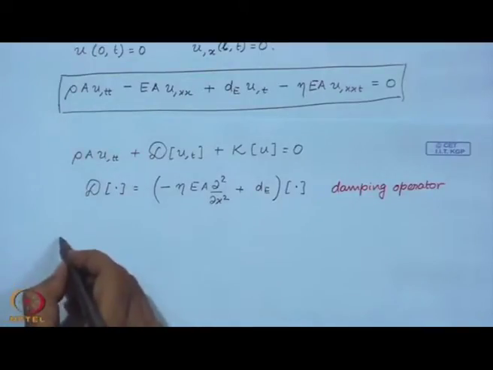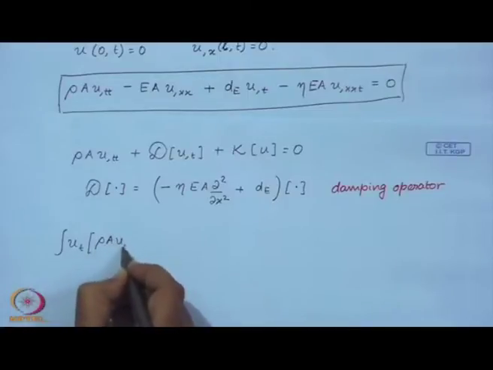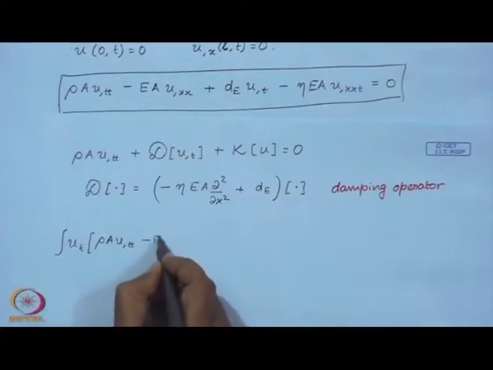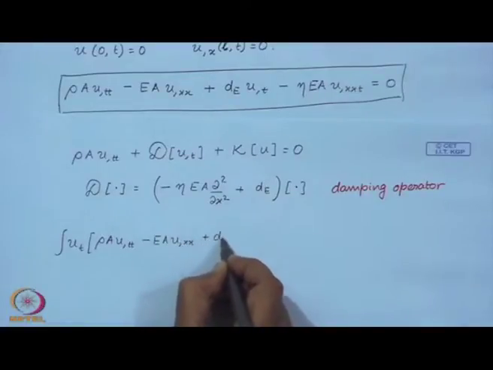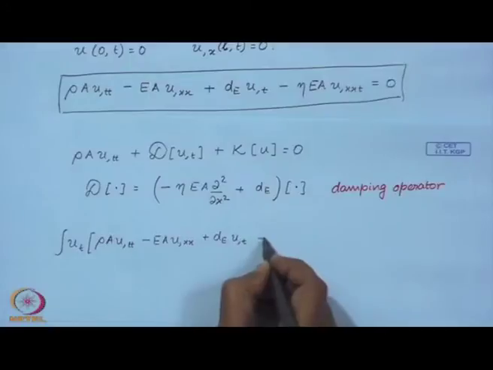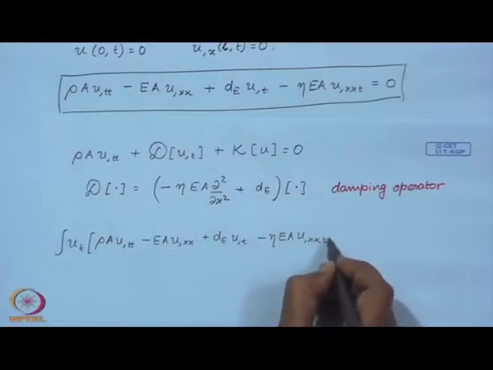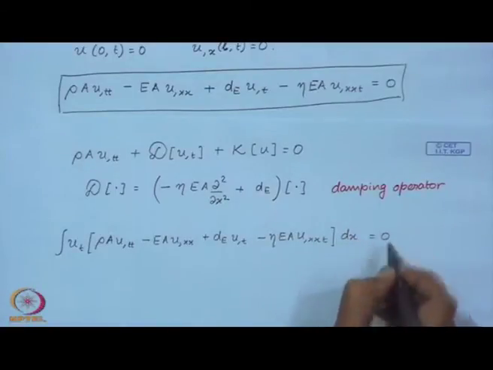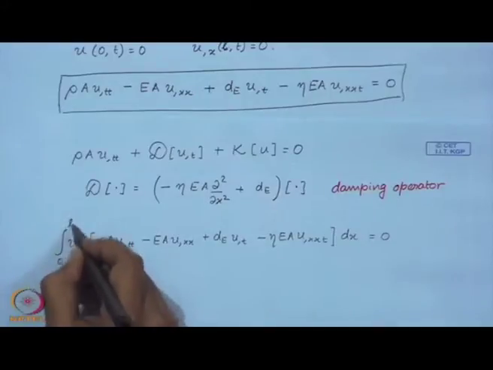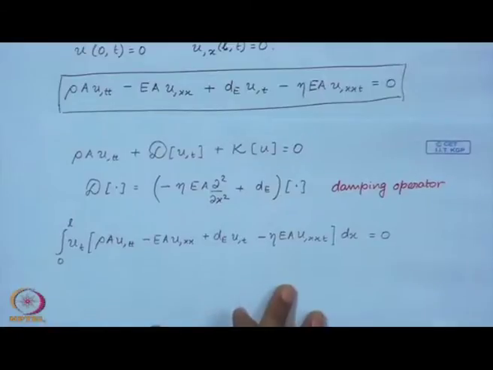So, multiply by velocity and integrate over the domain of the bar.